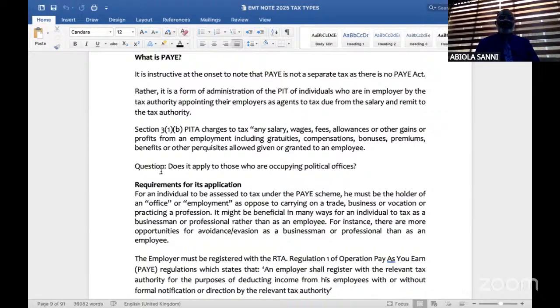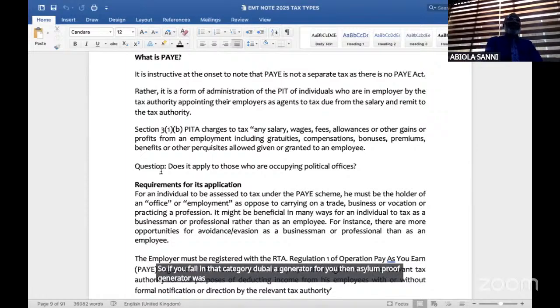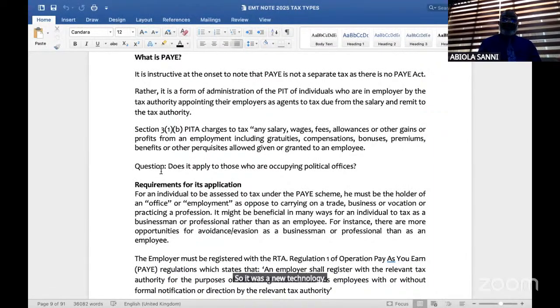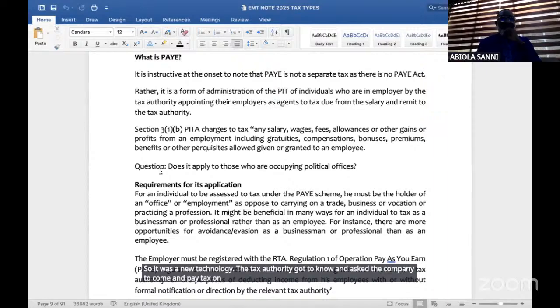So if you fall in that category, they will buy a generator for you. The silent-proof generator was a collector's item. It was bespoke, new technology. The tax authority got to know and asked the company to come and pay tax on them. We'll tell that story more fully.